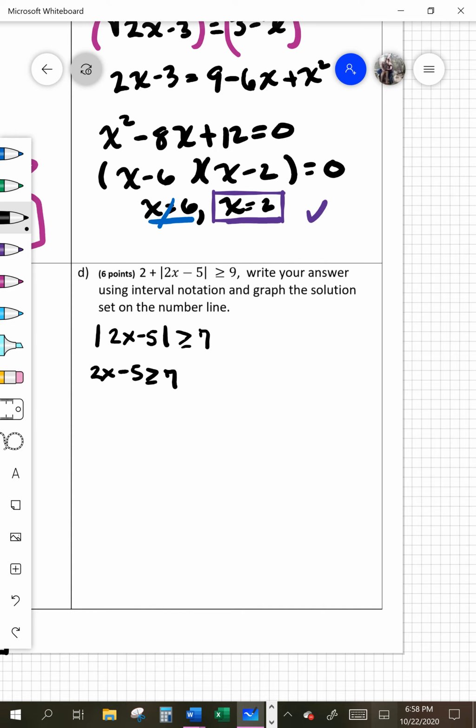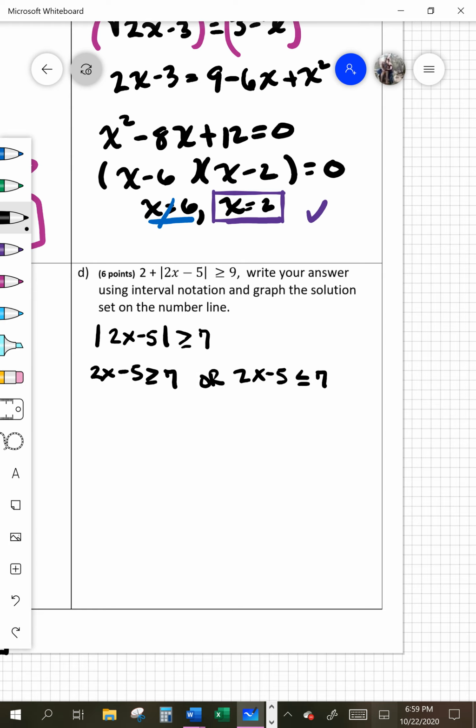And then it's also that 2x minus 5, let's think about this. Any number that is smaller than negative 7, and we take the absolute value, that would make it positive, and so it would make it a true statement. So 2x minus 5 is less than or equal to negative 7. Let's solve each inequality, and this is an OR statement.